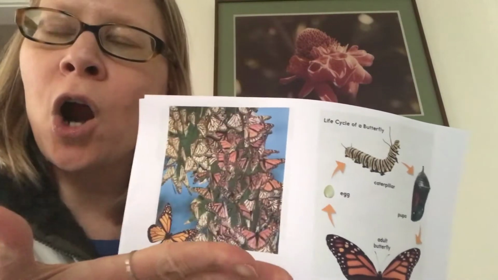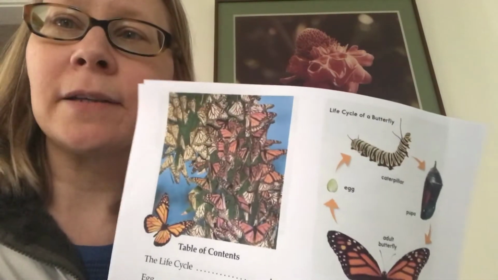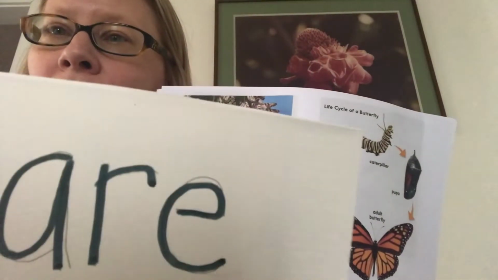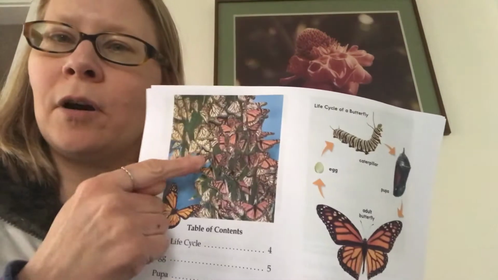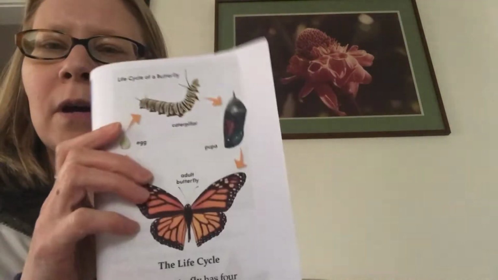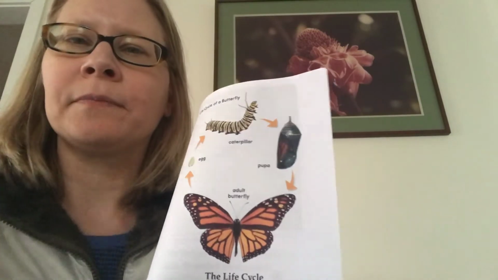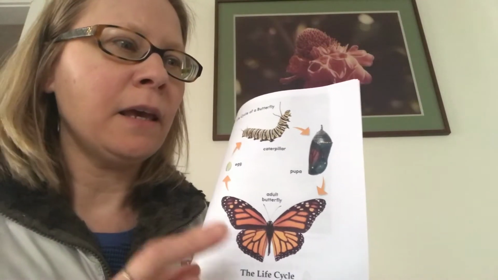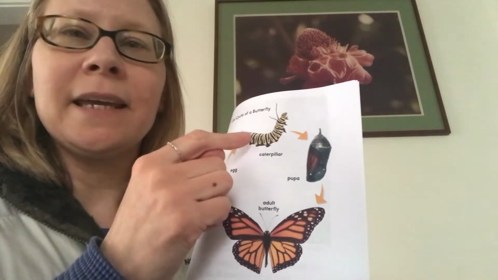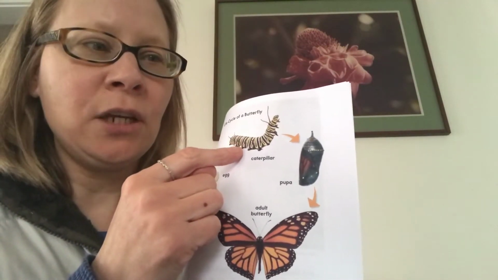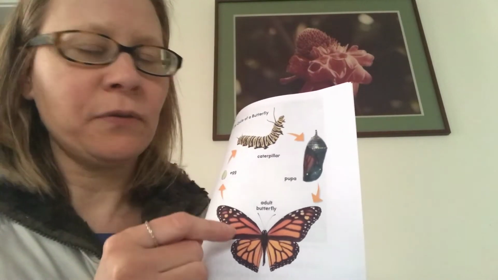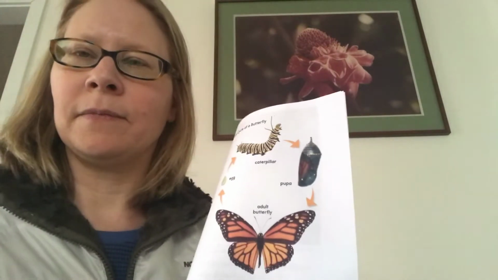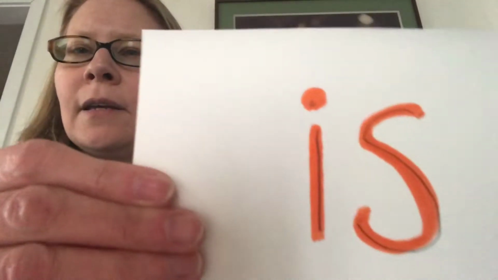There are many butterflies. What's your sentence for are? Think about it. For this one, we can use the word is. And for this one, we could say that the caterpillar is changing into a butterfly. What's your sentence for is?